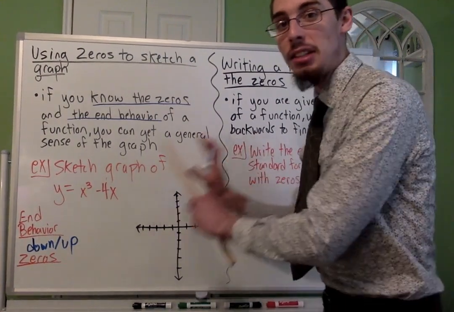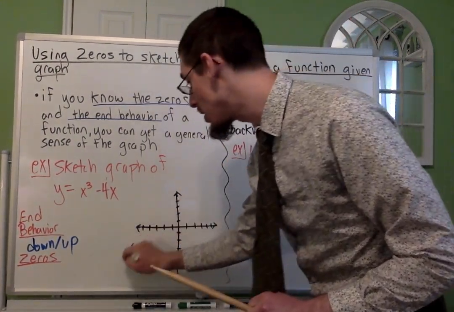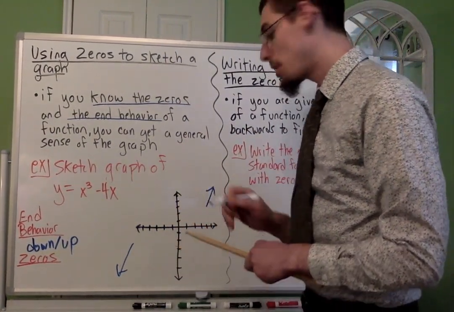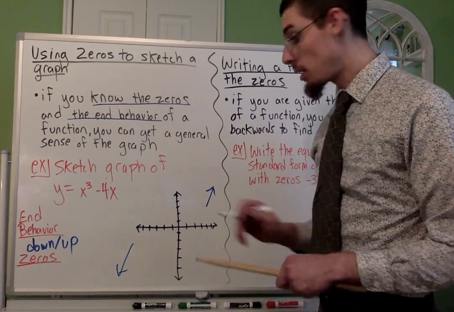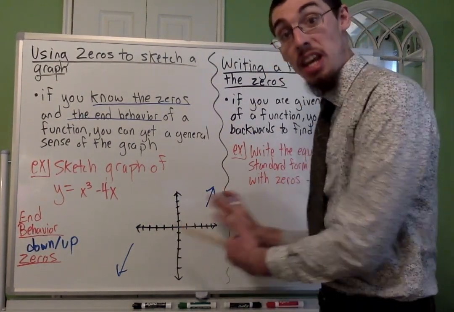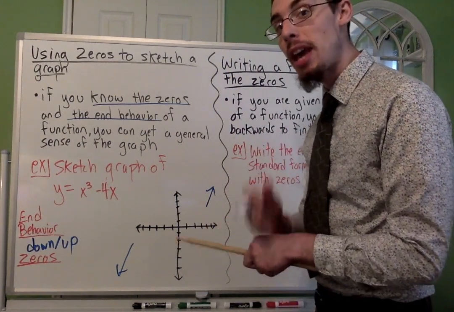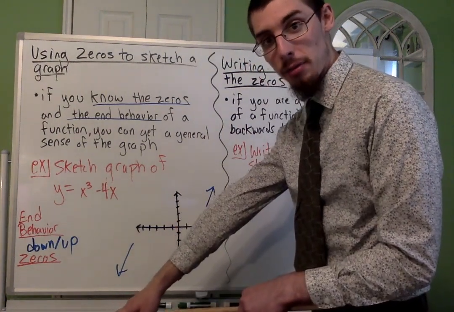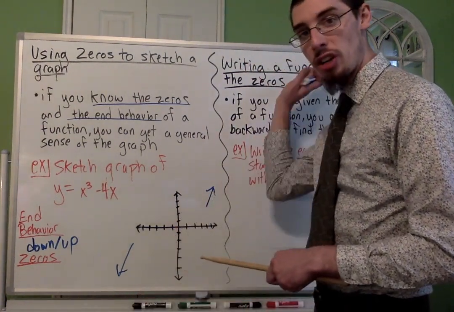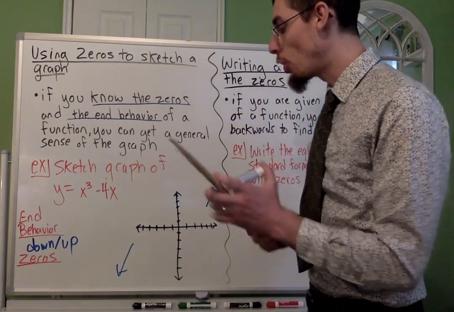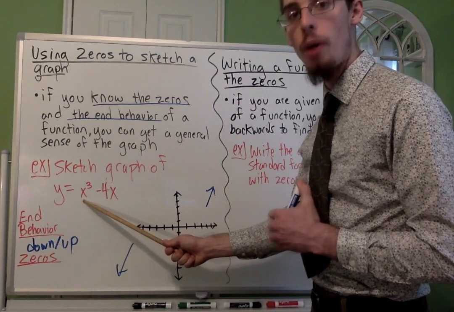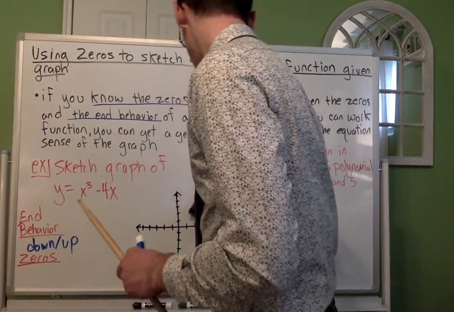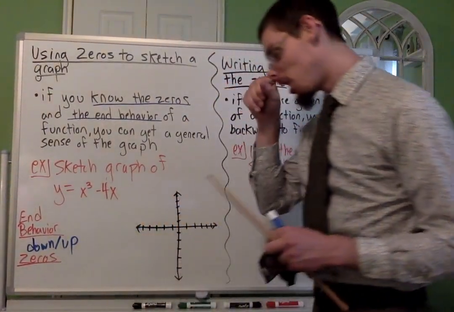On the ends of my graph, on this side, the graph will be going down, and on this side, the graph will be going up. Now, there could be all types of things happening in between there, but again, end behavior. Down means that it's decreasing to the left. Up means it's increasing to the right. And that's all based on the leading coefficient, right? So we have the end behavior.